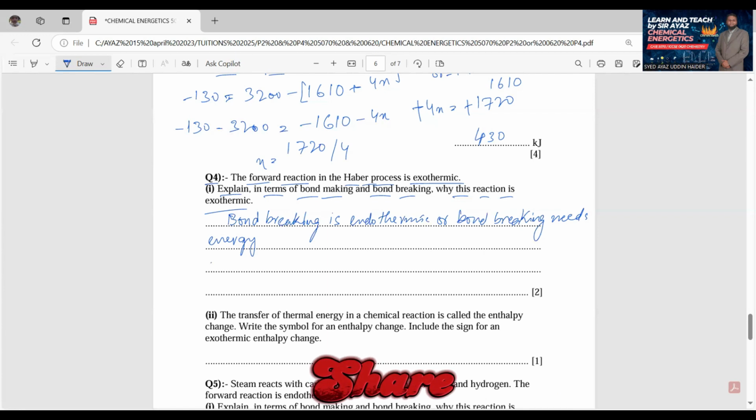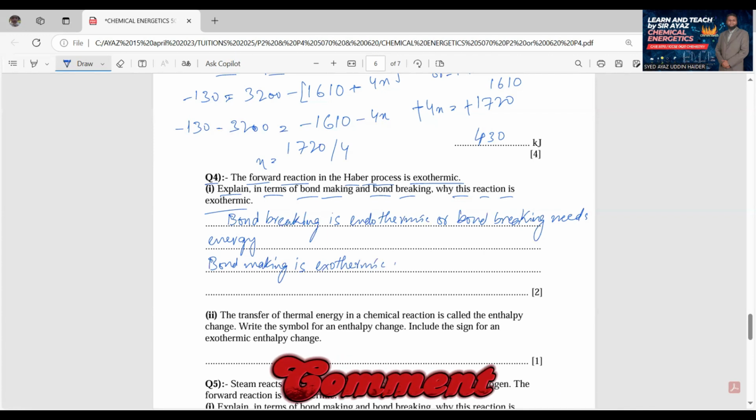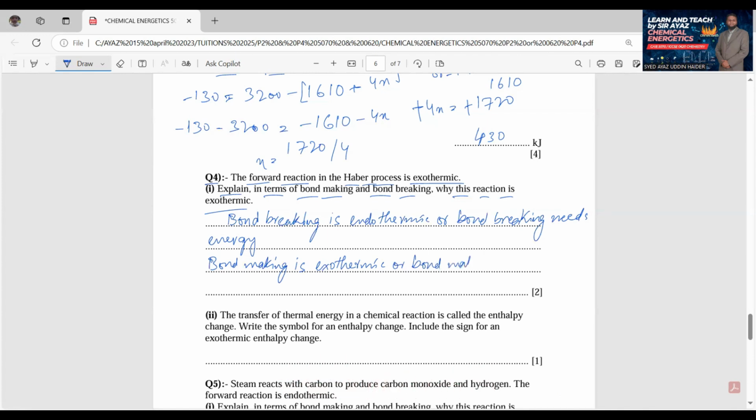The other statement will be related to bond making. Bond making is exothermic. Or you can even write bond making gives energy out.